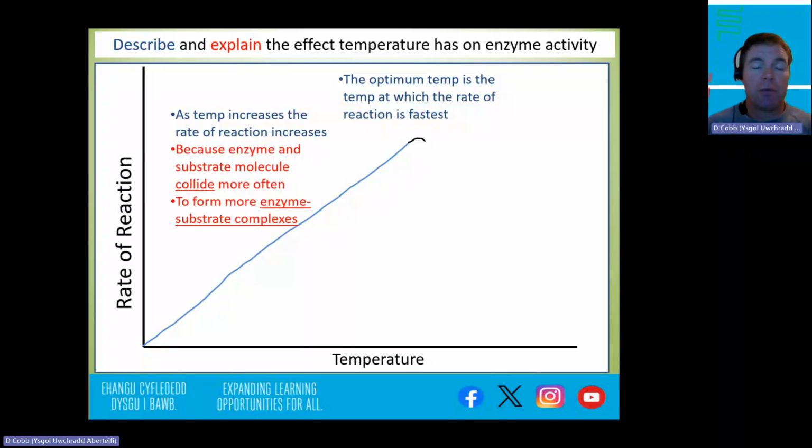So if we were describing this, we might say, as temperature increases, the rate of reaction increases up to an optimum temperature at, and that would involve reading from the graph. This would usually be around 40 degrees, but the idea is you read from the graph. All enzymes are different. They'll have different optimum temperatures at which they work best. The reaction is fastest. But you need to use the graph there.